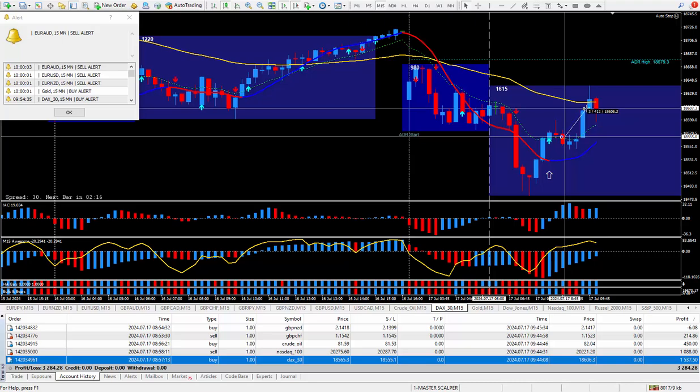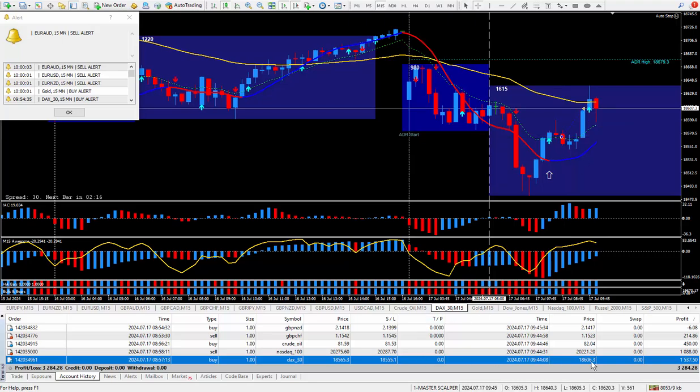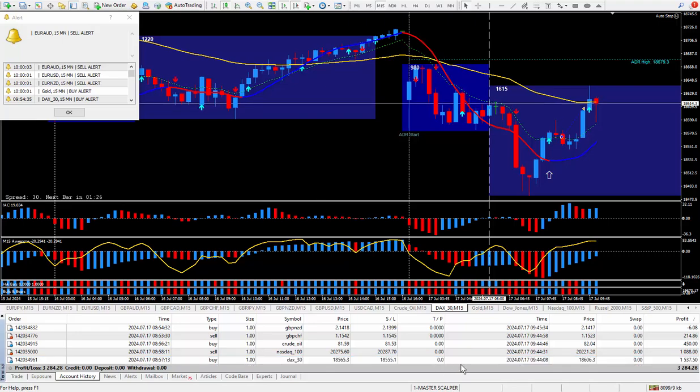But it's only showing between 406 and 412. But it is 410, and that paid out $1,537. So another great day of trading using my master scalper, and I knew it was going to be well over 200 pips and or ticks. Grand total came to 523 pips and ticks, and that paid out $3,284.